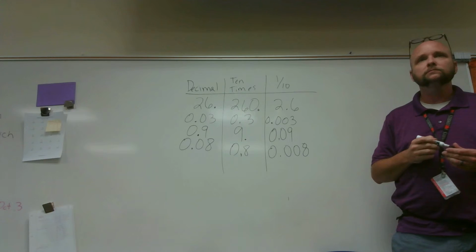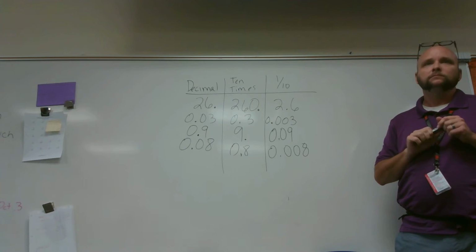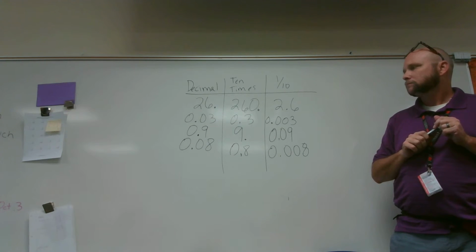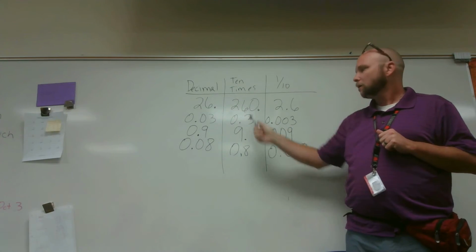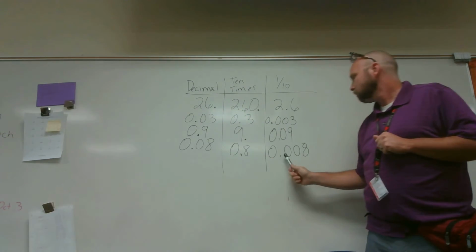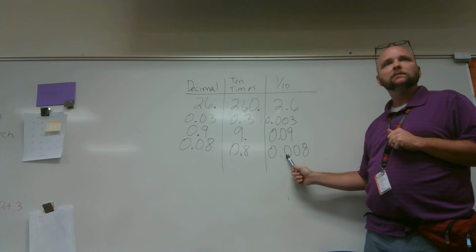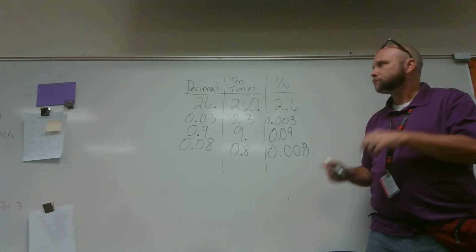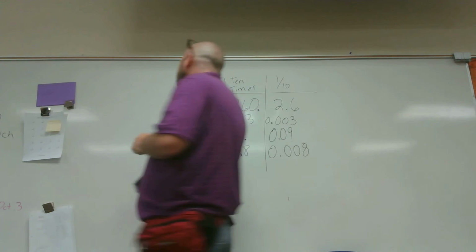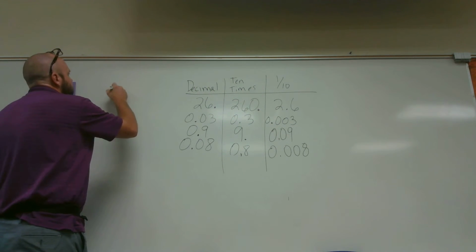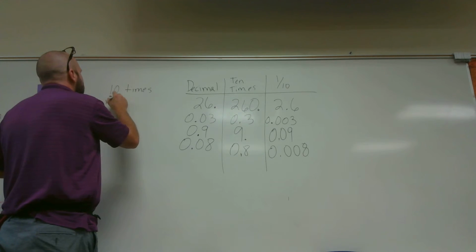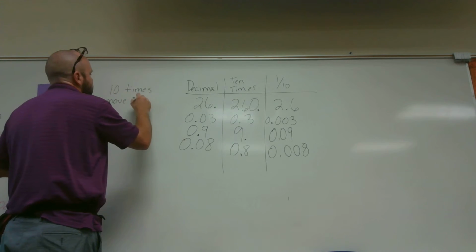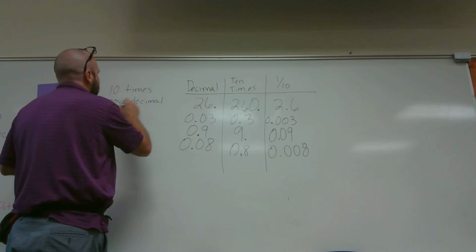So it's place value to the right of the decimal, not the 10 times. I'm still confused. No, if you're getting bigger, you're moving the decimal to the right. If you're getting smaller, you're moving the decimal to the left. It's that simple.